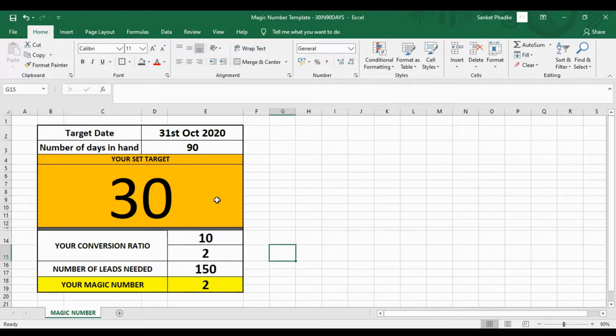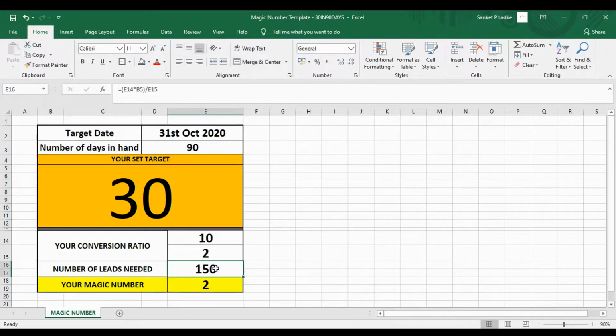Now once you enter these numbers, it will tell you the number of leads needed. Okay, so here if you see, according to these numbers, we need 150 leads to be generated in the next 90 days so that you are able to achieve the target of 30 admissions.